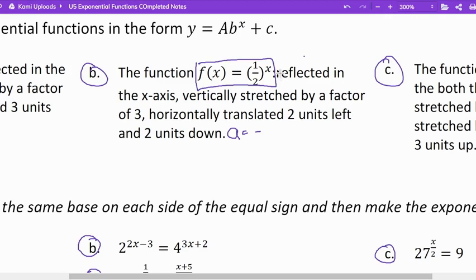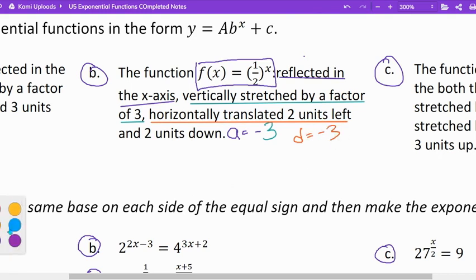All right, first of all, reflected in the x-axis, that means that A is negative. Next, I'll underline it so you can see where the purple came from. Next, turquoise, vertically stretched by a factor of 3. That means my A is -3. Horizontally translated 2 to the left. That means I'm talking about my D, and it's -2.